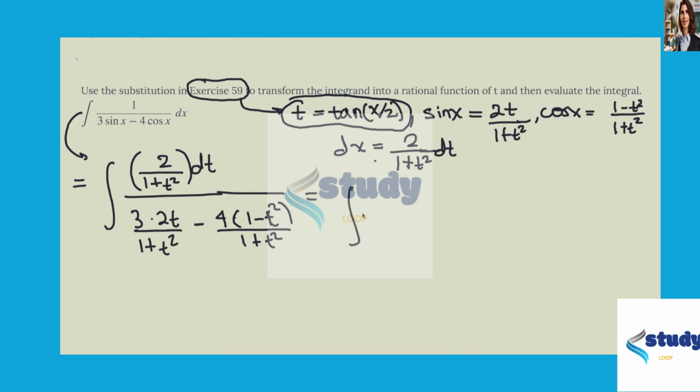Now we can write this. Combine those terms on the denominator. So we have a t squared plus 1 on the denominator, and up top we have 6t, but then we also see a plus 4t, and then a minus 4.